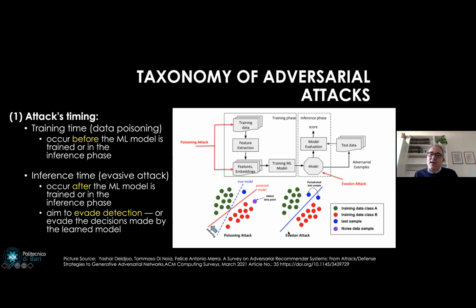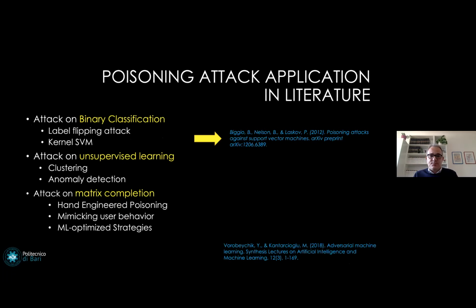While with an evasion attack, we leave the boundaries alone. So we don't work on the model at training time, but once the model has been trained, we can create samples such that they move across the decision boundary. Depending on the time when we design this attack, we have data poisoning or evasion attacks.